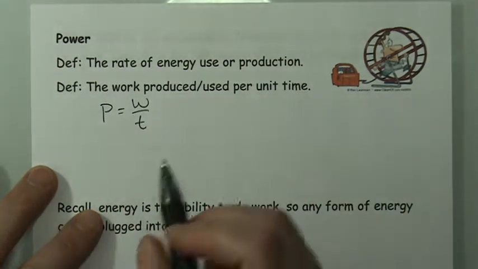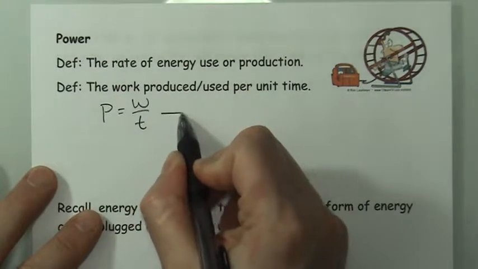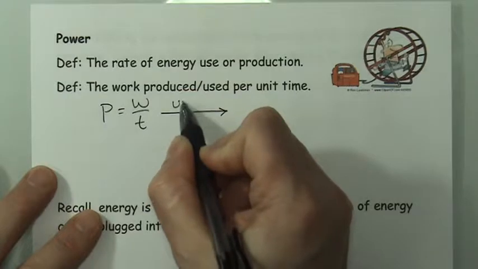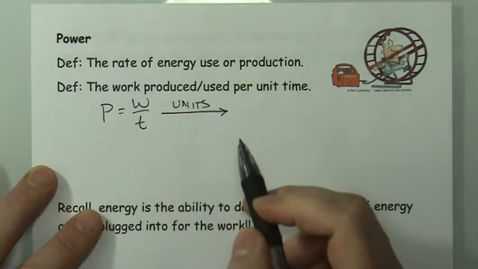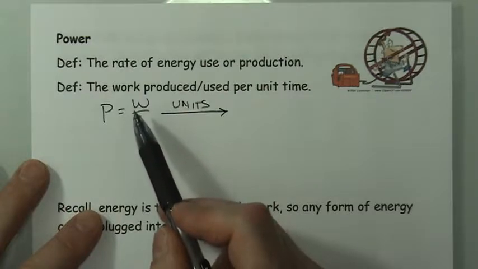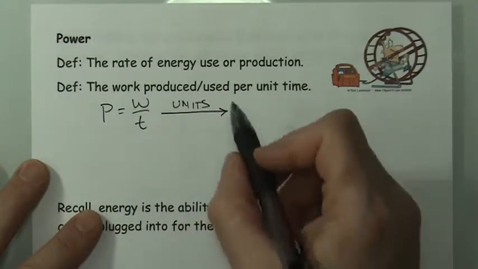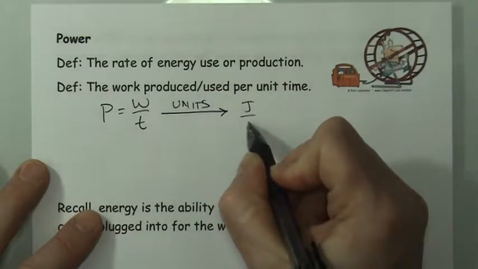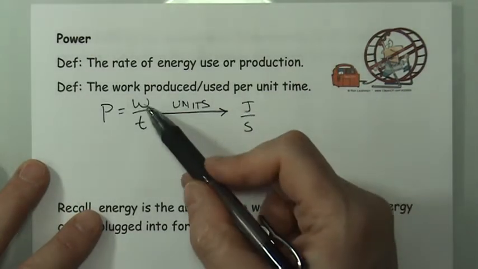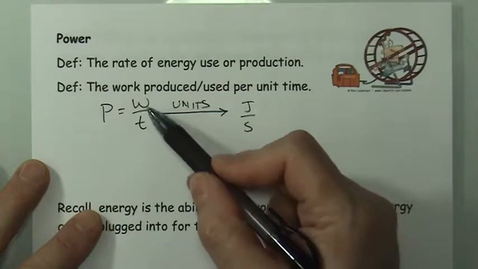Per means divide. This can lead to a little bit of confusion because there's an issue with the labels. Work uses the symbol W, but W is also the symbol for the units for power. The units for work is joules.